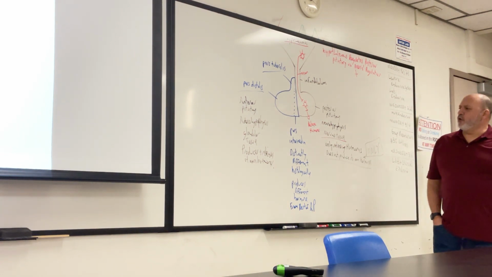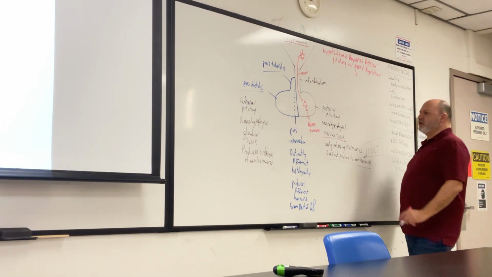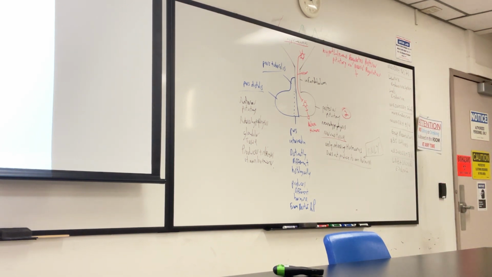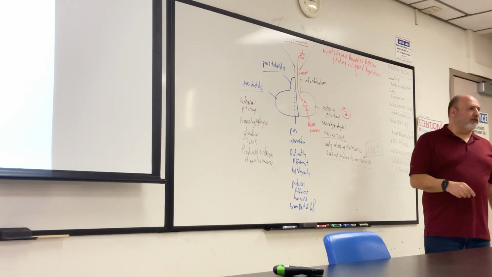So all of the hormones produced in the posterior pituitary, and there are two that you're responsible for. What are the two hormones in the posterior pituitary that you're responsible for? Antidiuretic hormone and oxytocin. And guess how both of them are regulated? Neurally via the hypothalamus.